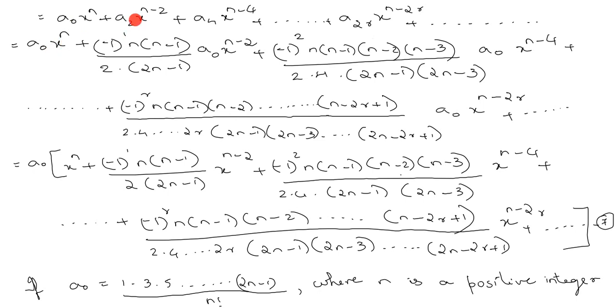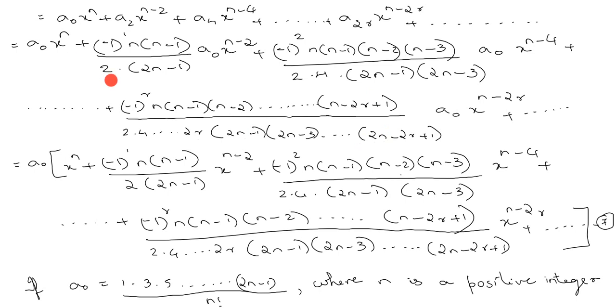Substituting for a2, the second term becomes minus 1 raised to 1, n into n minus 1 by 2 into 2n minus 1, a0 x raised to n minus 2, plus, now substituting for a4, this thing is a4 into x raised to n minus 4, and substituting for a2r, which is this term, into x raised to n minus 2r.